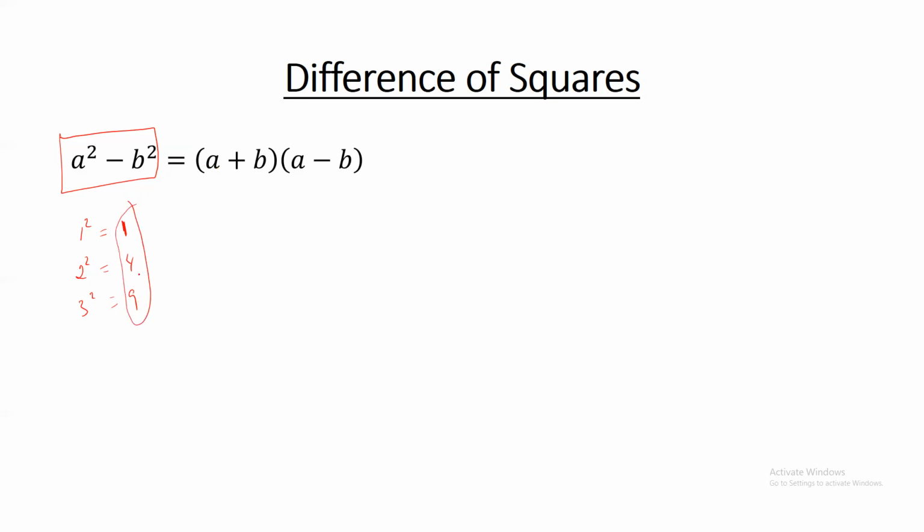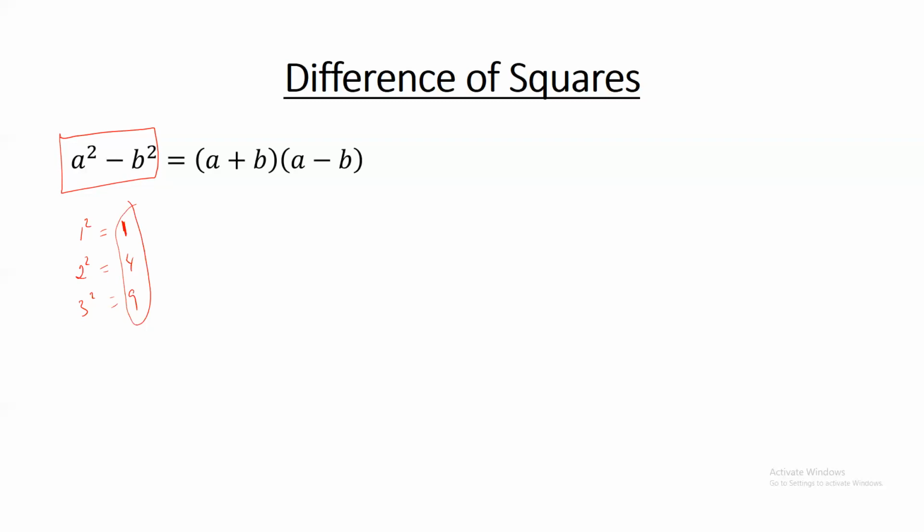Now, if you don't recognize a number as a perfect square, then you can't use the difference of squares formula to factor it. Now, you may ask, okay, so what perfect squares should I memorize?